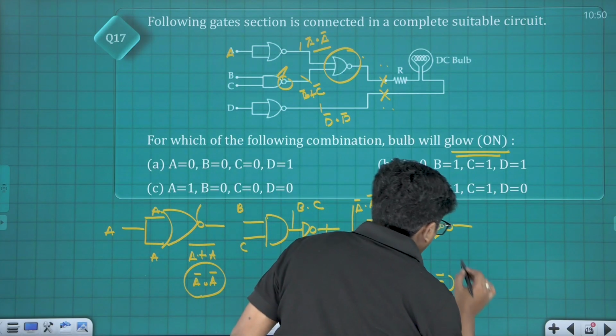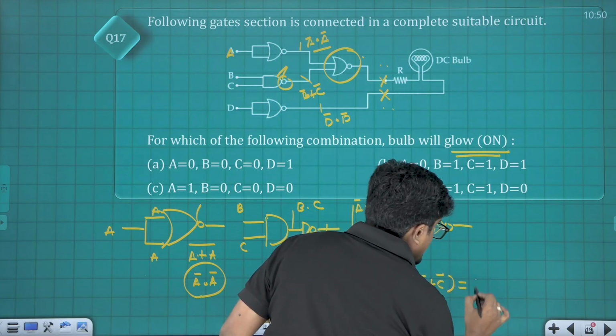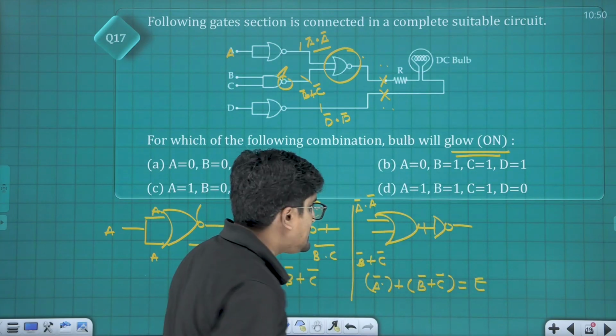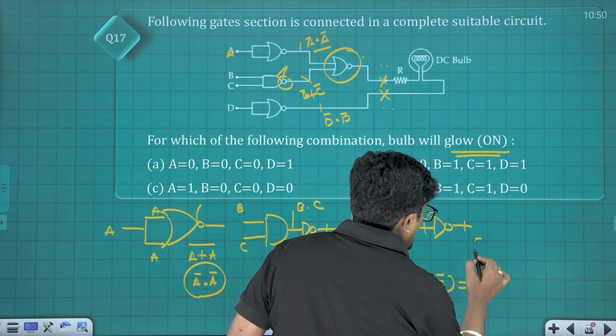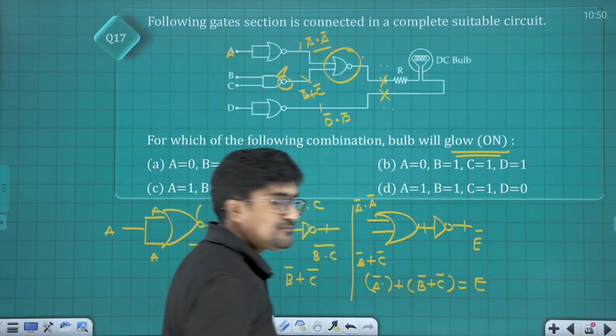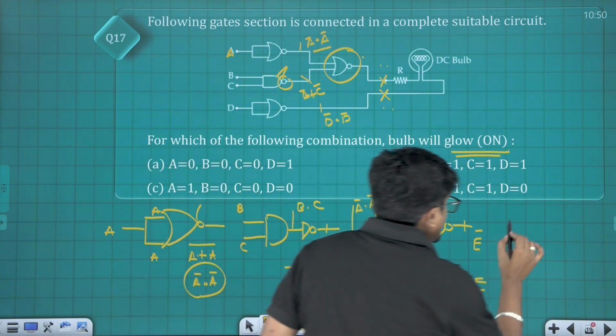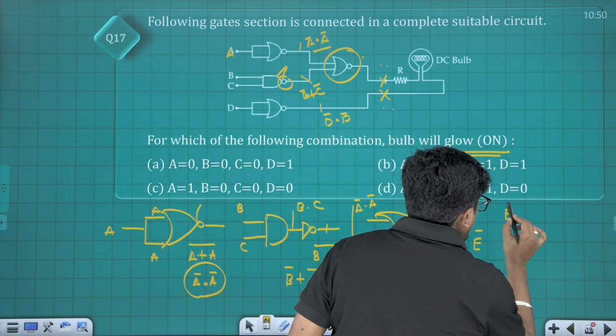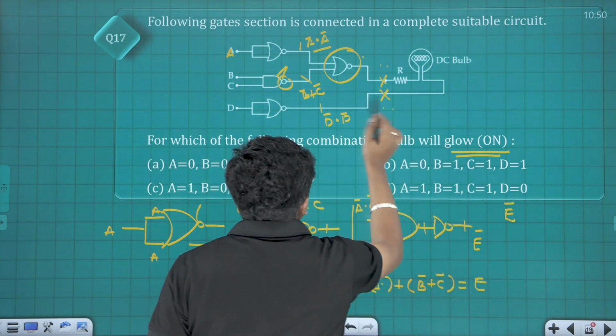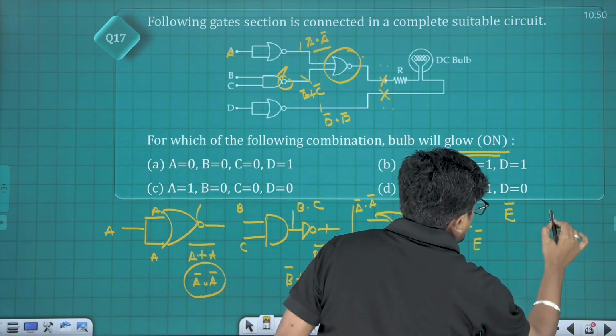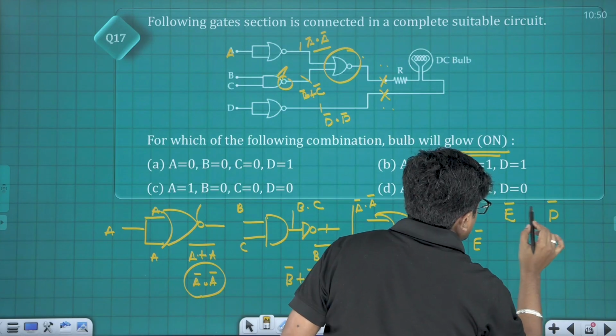And if I take this as E, here this is going to be E bar now. So we are going to have E bar here, and here this is going to be D bar.